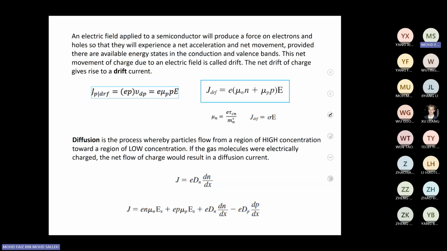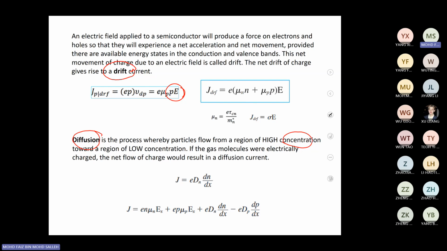The first one is drift, and the second one is diffusion. The drift current depends on the external force, in this case the electrical field, E. And the diffusion depends on the concentration, like a gas.